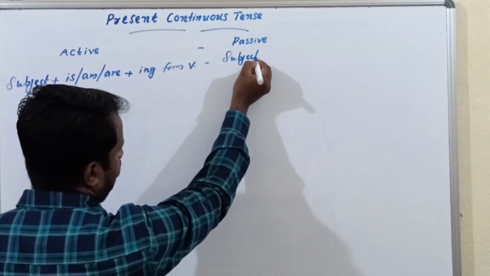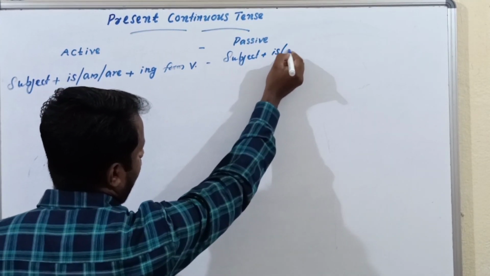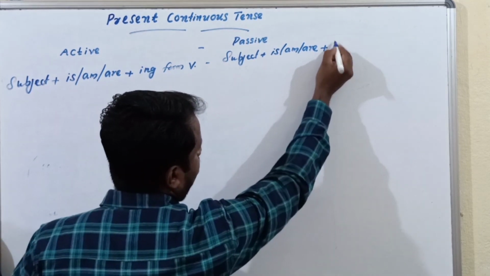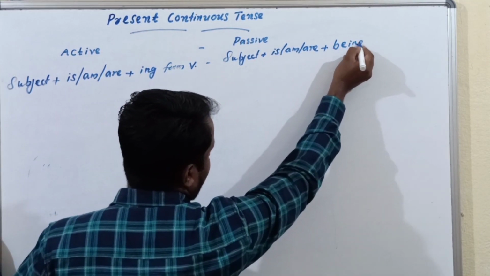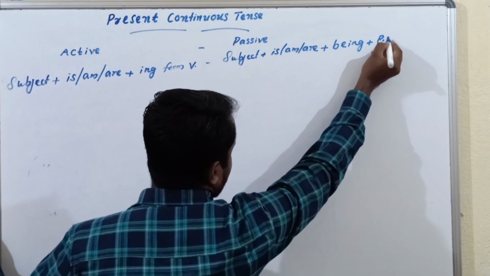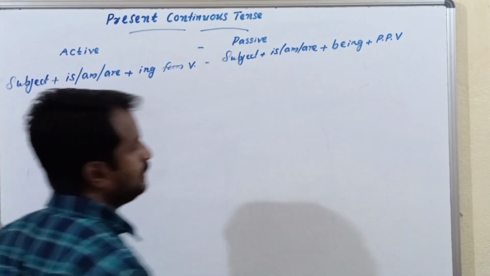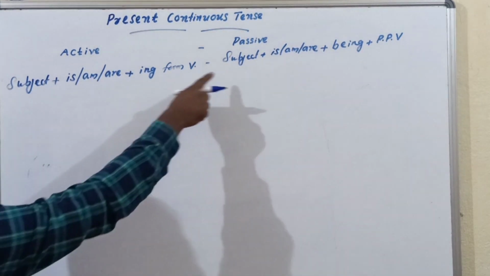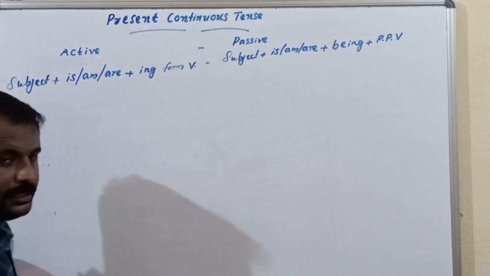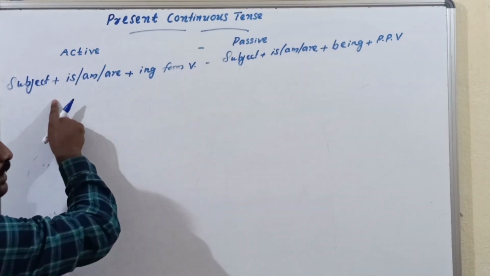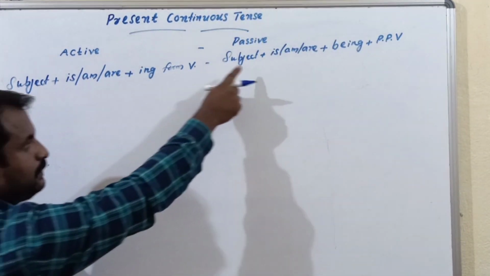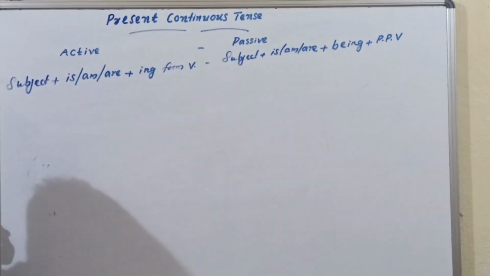Subject plus is, am or are plus being plus the past participle form of the verb. In passive, always the past participle form of the verb. That means in both cases we can see a subject. The subject of active becomes the object, and the object of active becomes the subject in passive.